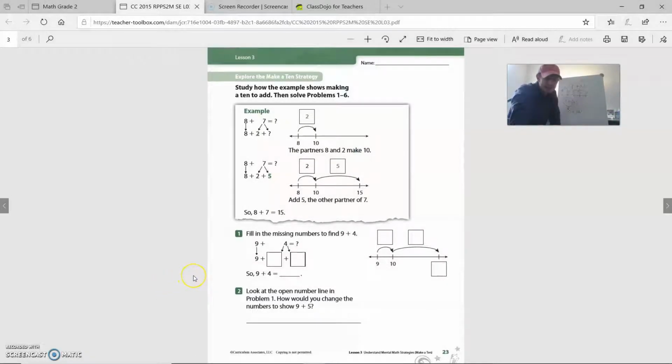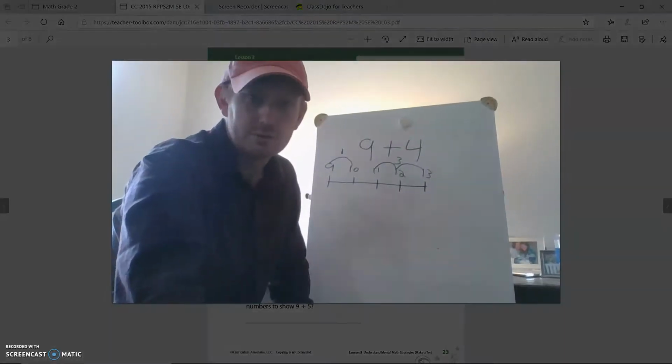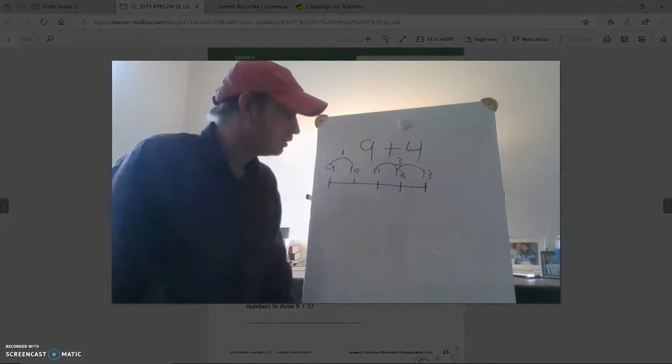The next problem asks us to look at the open number line in problem 1. How would you change the numbers to show 9 plus 5? Well, we have our number line up here as 9 plus 4.